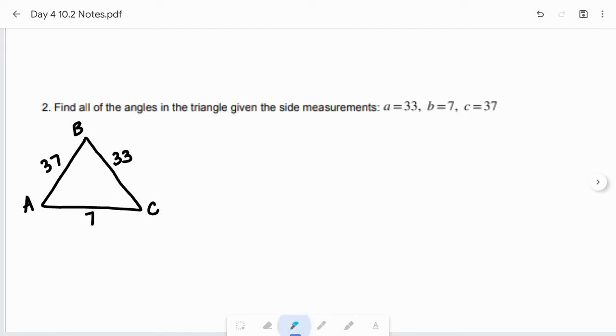So let's start out with trying to find angle A. If I want to find angle A, then I am going to be using my equation that has cosine of A in there.